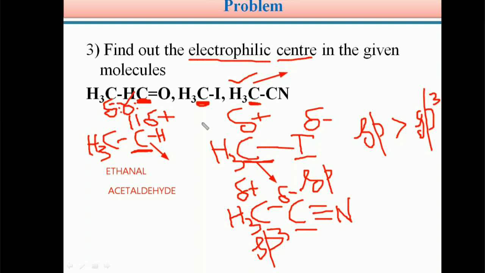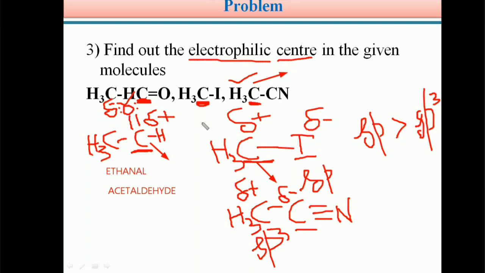So students, in a given organic reaction, we can easily identify which portion of the molecule has an electron deficient nature, or whether the molecule has an electron excessive nature, and which of the reactants acts as a substrate and which acts as a reagent, whether the reagent has nucleophilic or electrophilic nature.